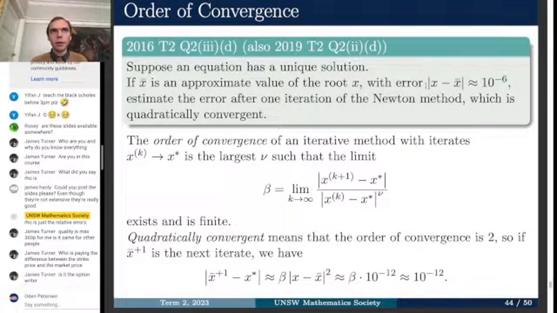So one way to look at how fast we get to the root that we want to approximate is this idea of the order of convergence.